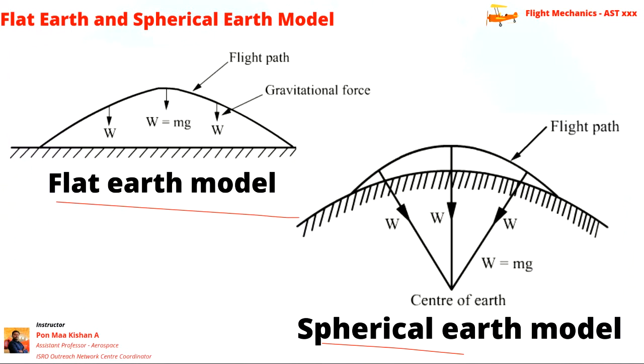During the weight calculation, I have told you that the weight will always be acting towards the center of the earth, as shown in the spherical earth model. There is a difference between the calculation which we take with the flat earth model and the spherical earth model. The flat earth model will give you an approximate value, whereas the spherical earth model will give you the accurate one.